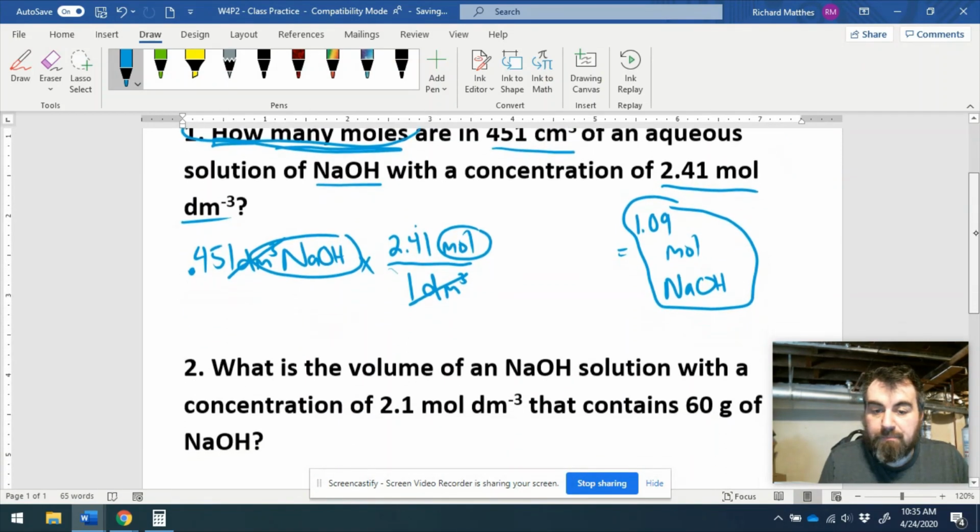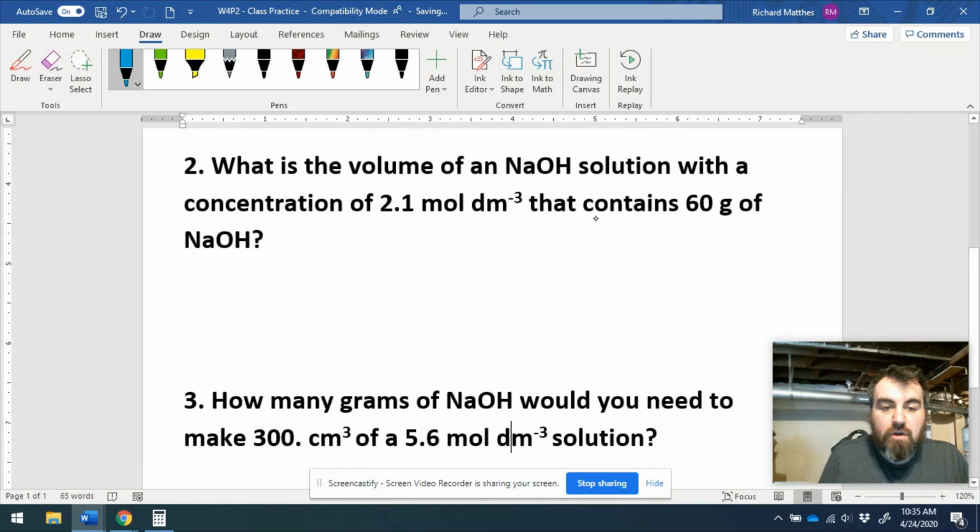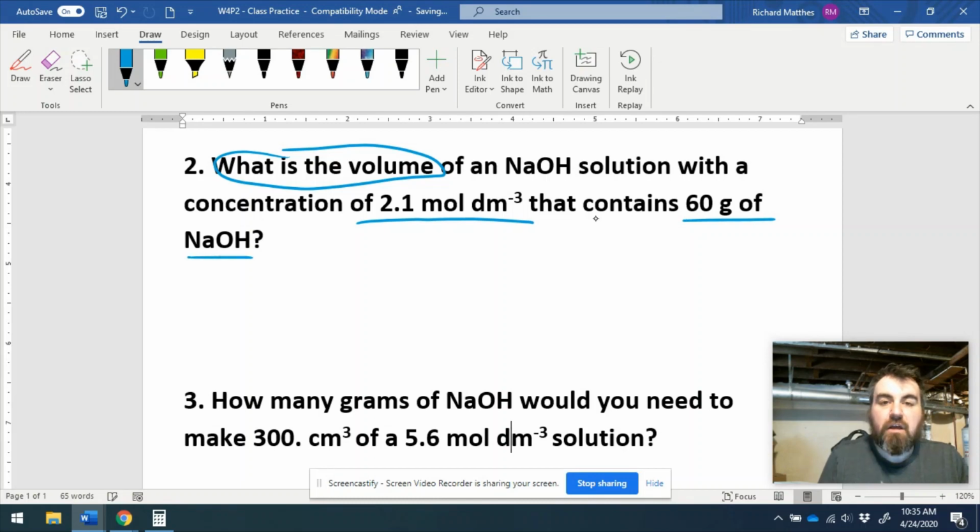Let's try another one. This one says, what is the volume of an NaOH solution with a concentration of 2.1 moles per cubic decimeter that contains 60 grams of NaOH? All right, for this one, we would start by putting what we know, 60 grams of NaOH.